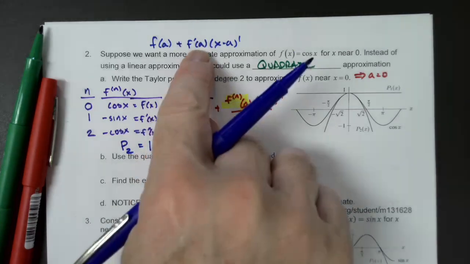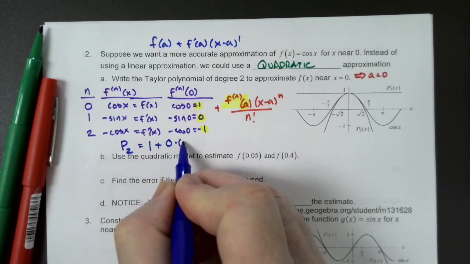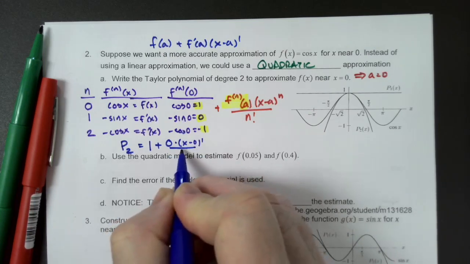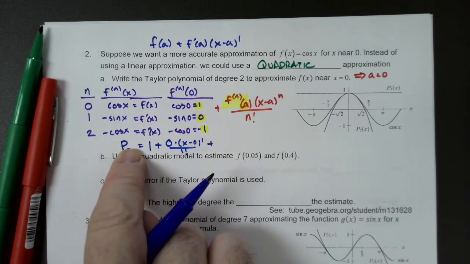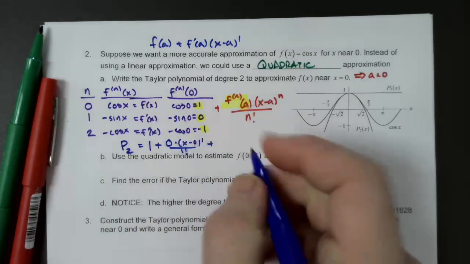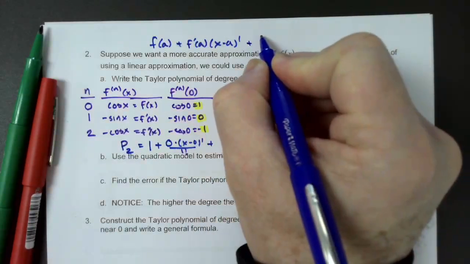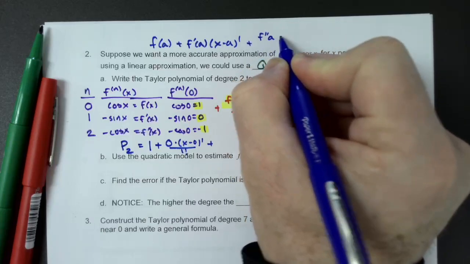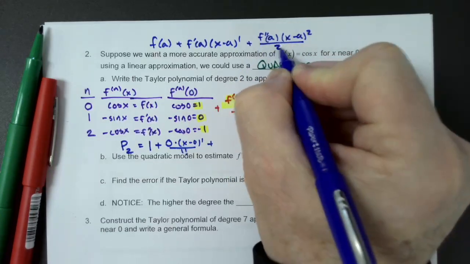Our f prime of a is 0 times the x minus 0 to the first power, all over 1 factorial. And then our next one will be our f double prime of a. Remember, this one is going to be f double prime of a times x minus a squared, all over 2 factorial.